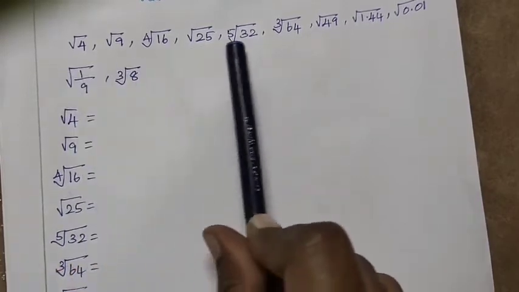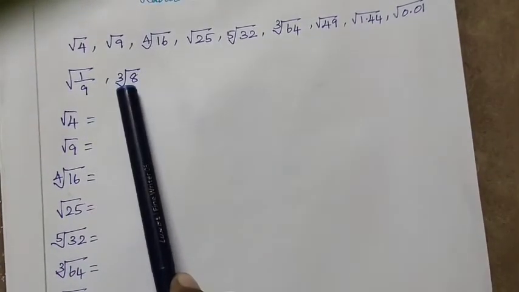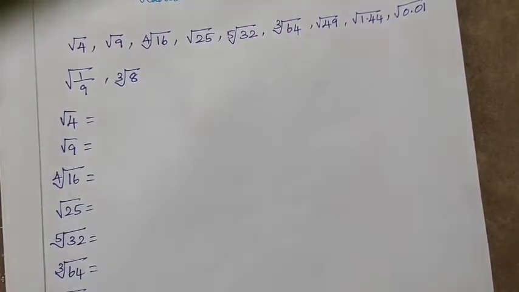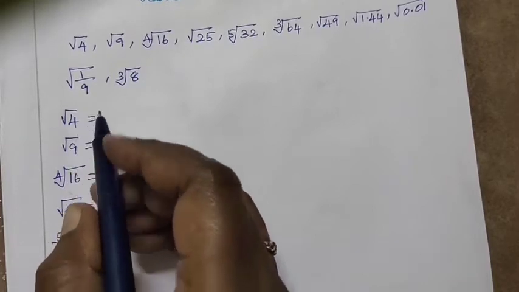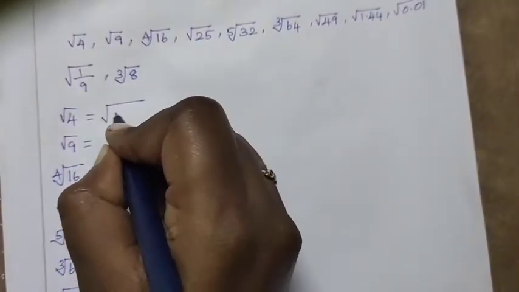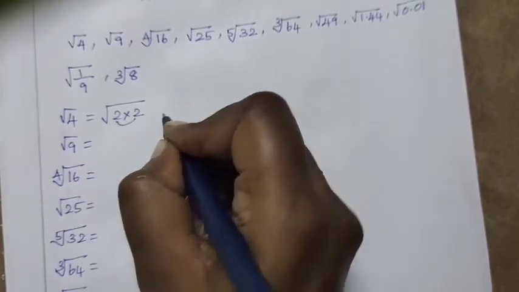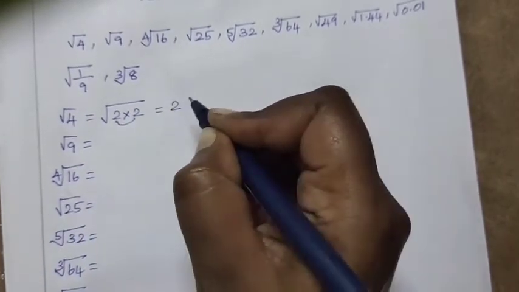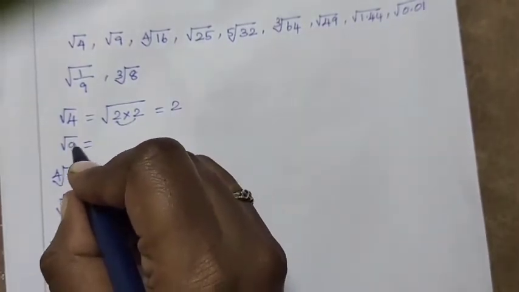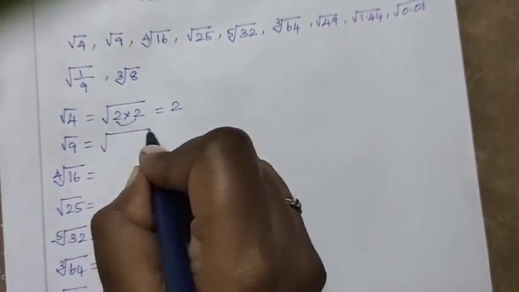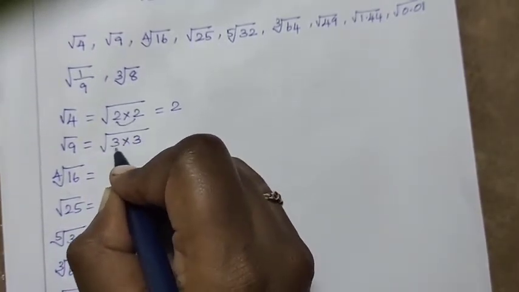See these numbers. Can we simplify these? Let us see. Square root of 4 can be written as 2 into 2. 2 2s are 4. Among these two, we can write one 2. Square root of 9 can be written as square root of 3 into 3.